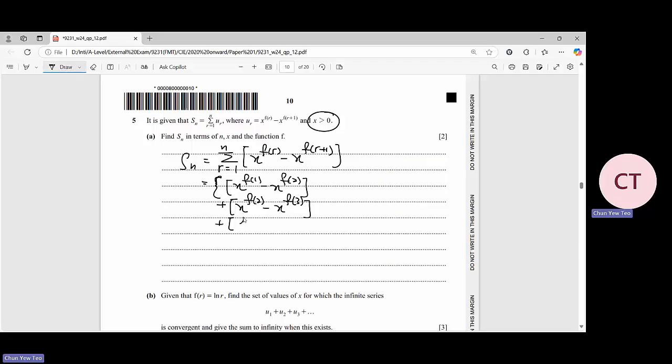So this one will be x^(f3) minus x, and so on until you add x^(fn) minus x^(f(n+1)).